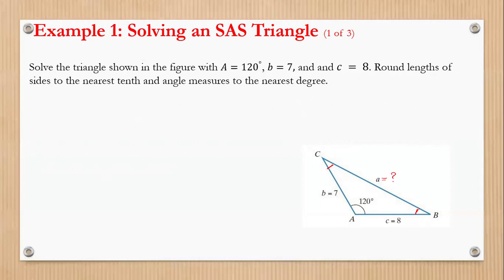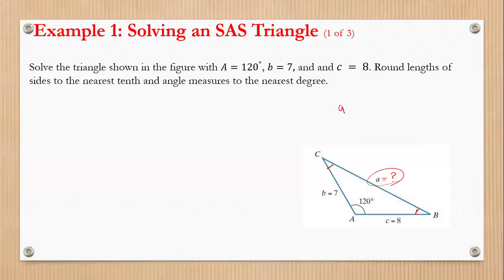So as I said, whenever we have two sides and one angle in between, we are going to use the law of cosine to find the third side. Since we want to find side a, we are going to use the formula which gives me a.